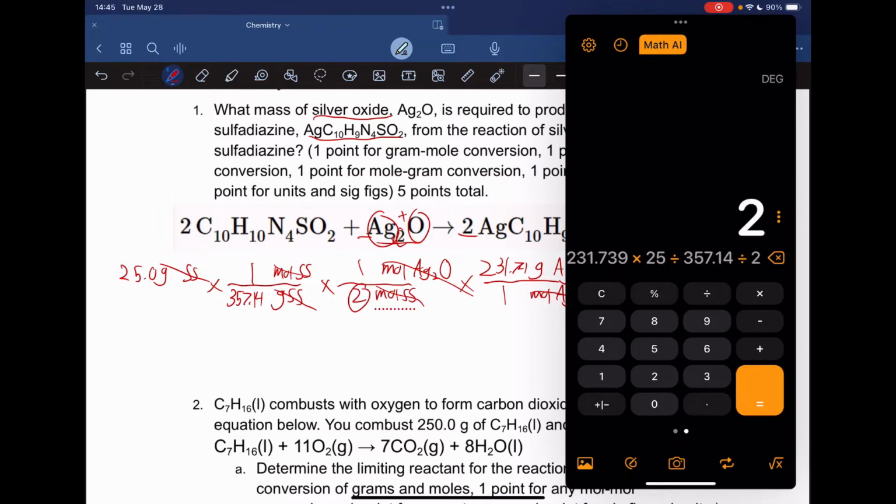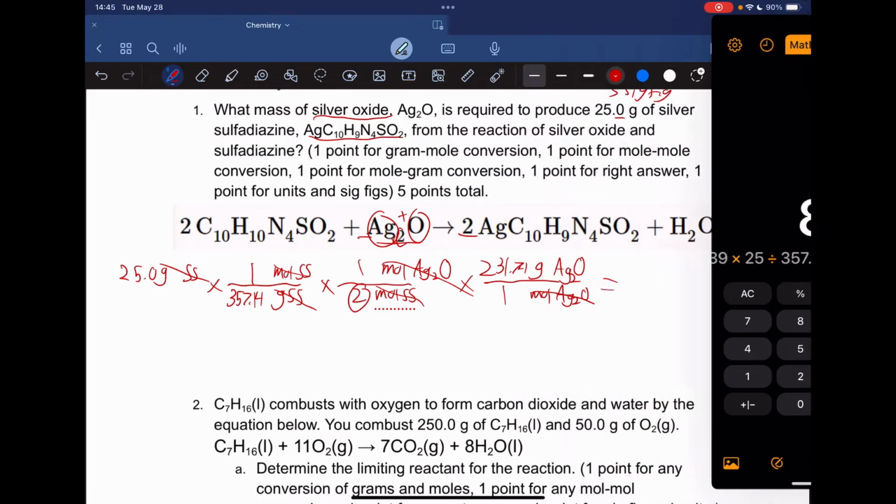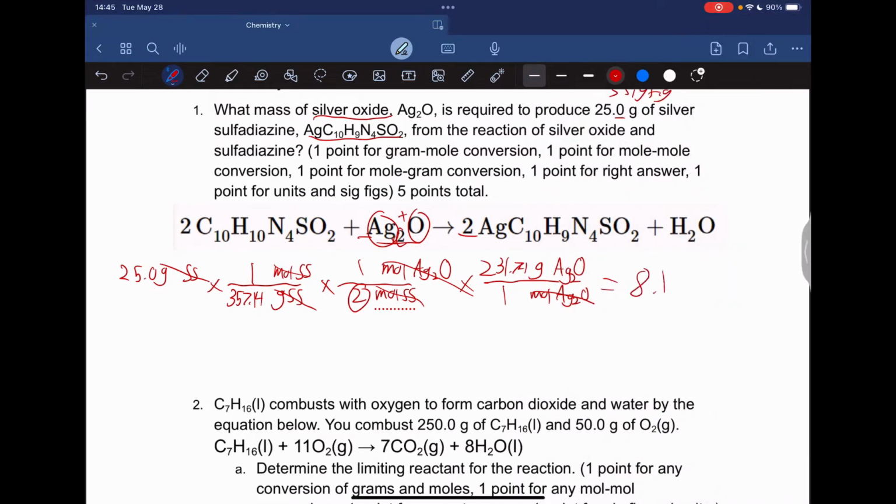What we get is 8.111. We're going to round to 3 sig figs, which is 8.11. And this was, of course, grams of silver oxide.